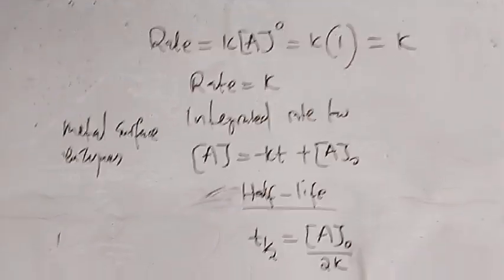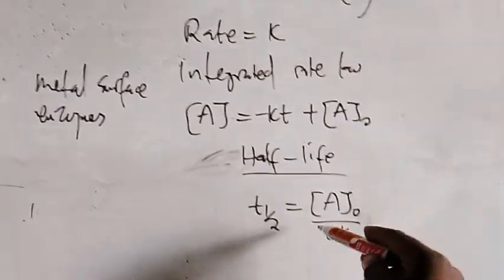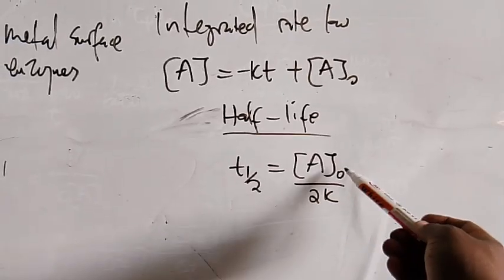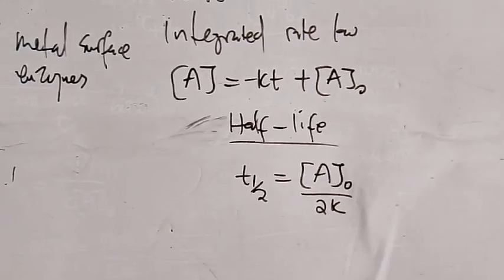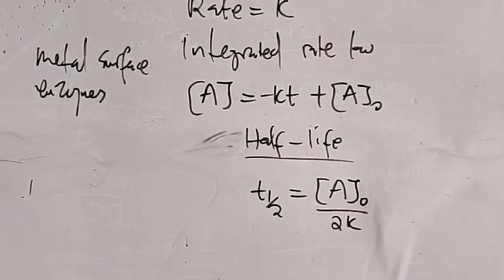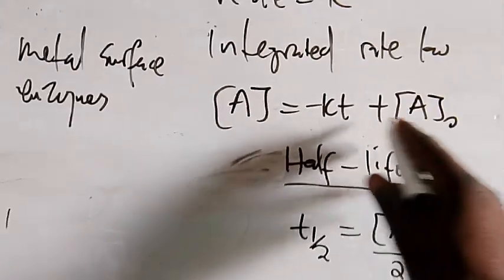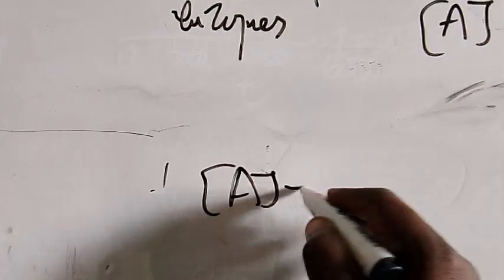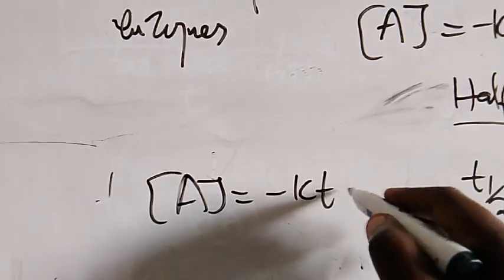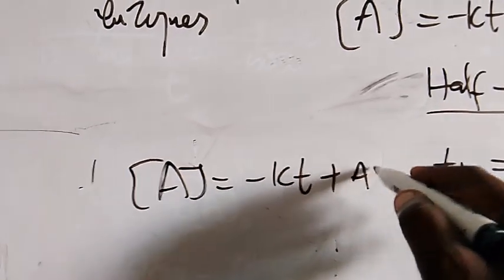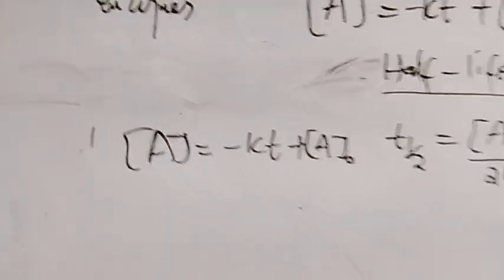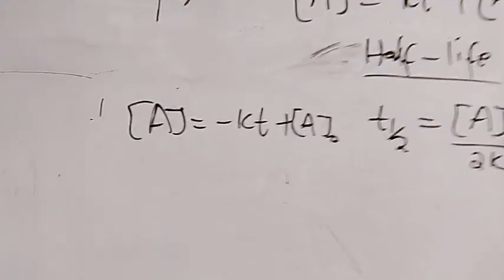Okay, so if you have been asked to calculate the half-life of a zero order reaction, this is the equation to use. Also, you can see clearly here that A is equal to negative KT plus A initial. It is also the straight line equation.